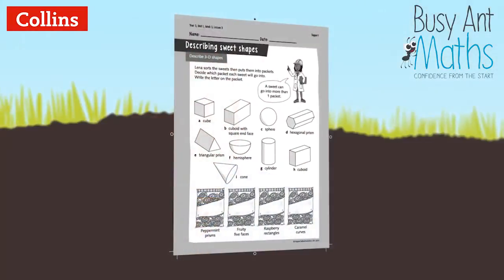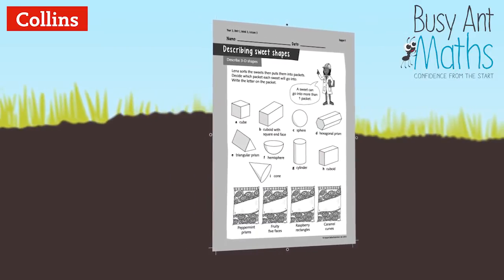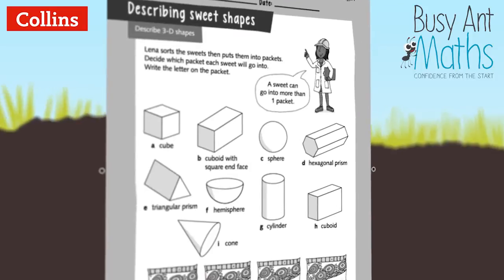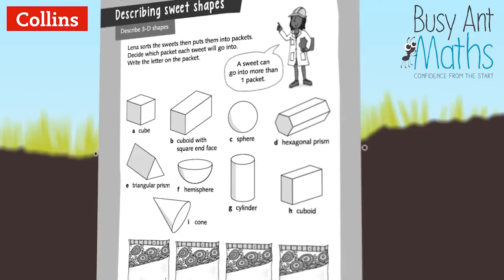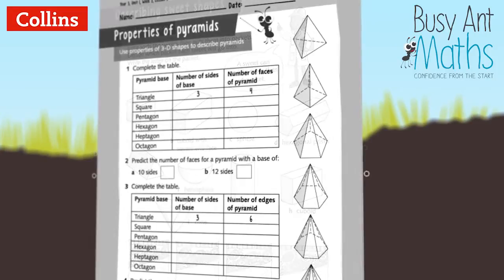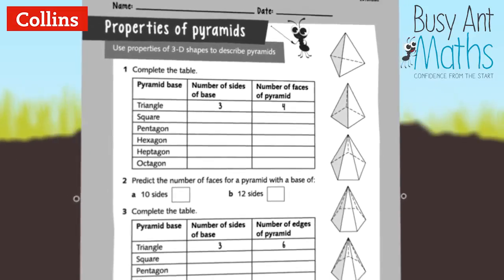In addition to the pupil books, there's a progress guide, and this comprises sheets providing support for the less able pupils who perhaps require additional practice and consolidation of the prerequisites, or just simply work at a simpler level so that they can then access the work in the pupil books. There are also extension sheets which are provided for children who are more able, children who need more challenging work.